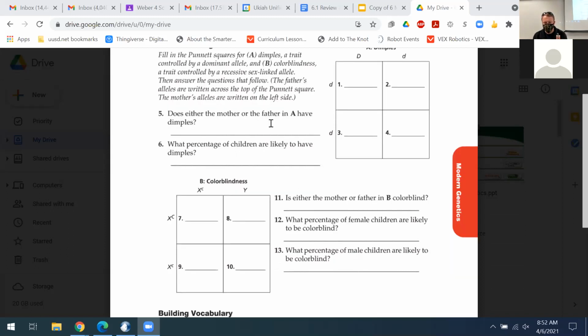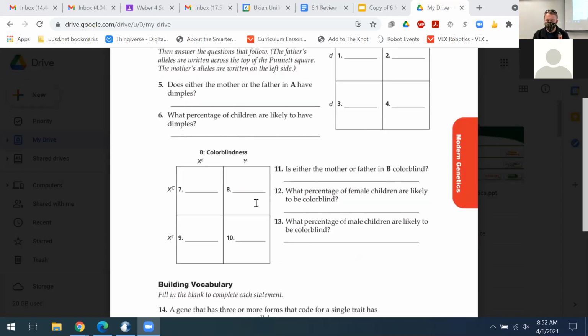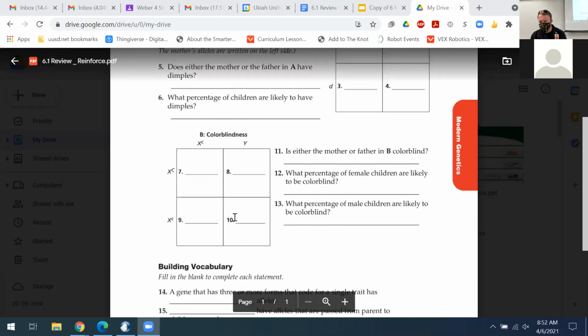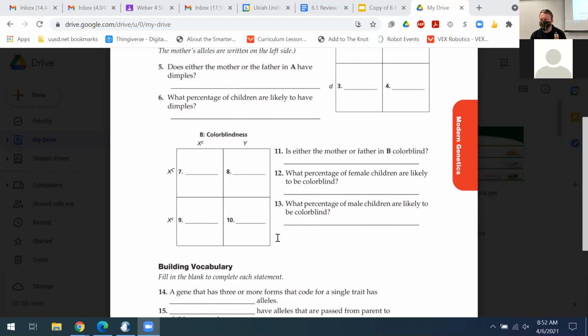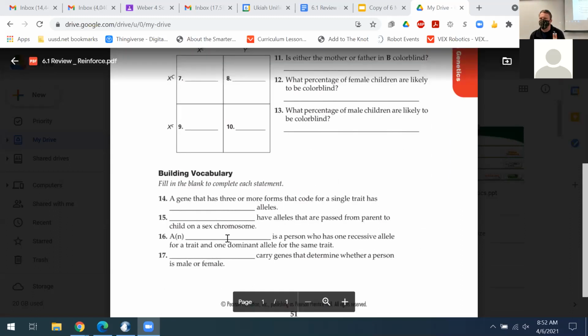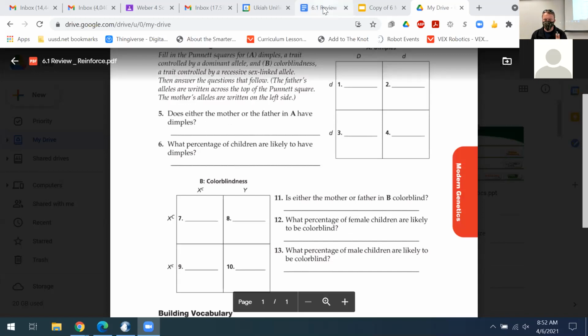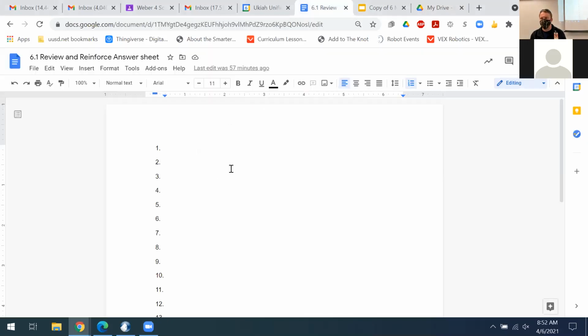Dominant, okay? So you guys do the basic math for that. Same thing with the color blindness. Figure that one out. Do the Punnett square, and then answer the questions. And then the vocabulary words are down here that we've covered today. That make sense? Now to answer those, if you want to do it online and submit it via Google Classroom, literally just type your answers next to the numbers that correspond to the PDF.